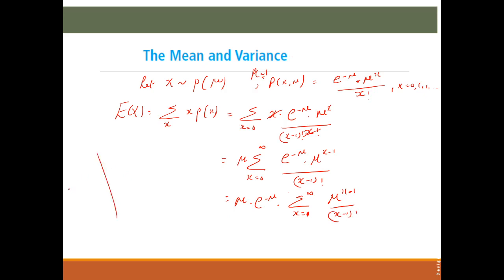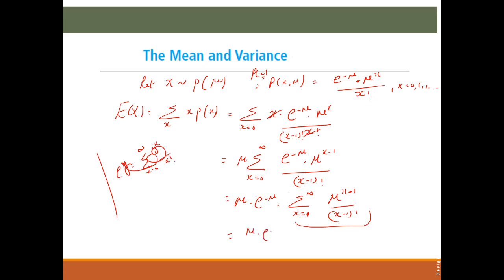We know that e raised to y is the sum for x equals 0 to infinity of y raised to x divided by x factorial. So here this sum is equal to e raised to mu.